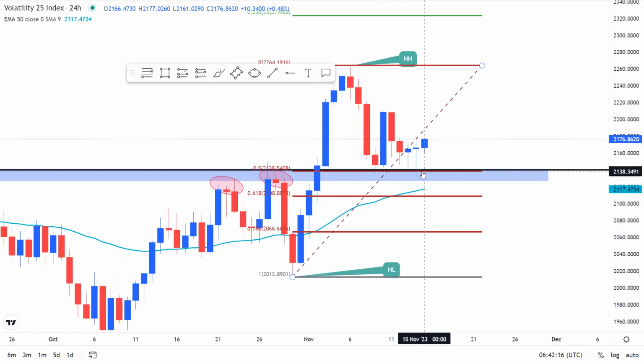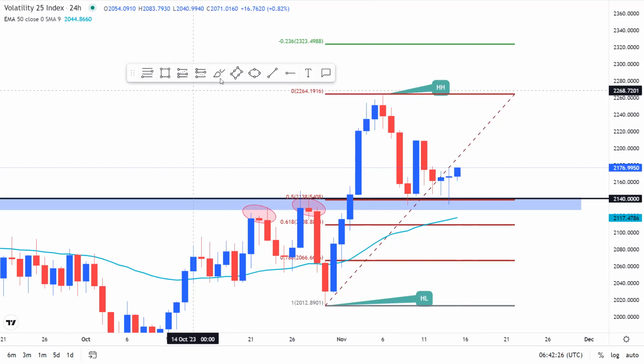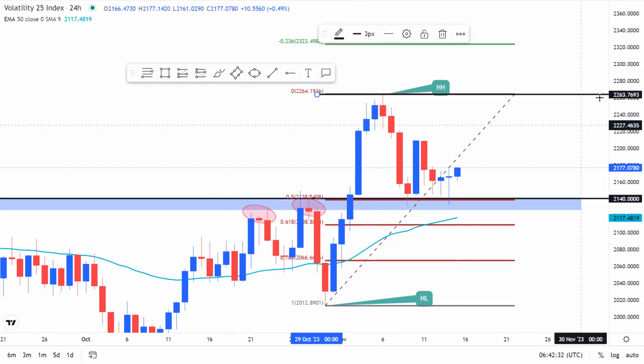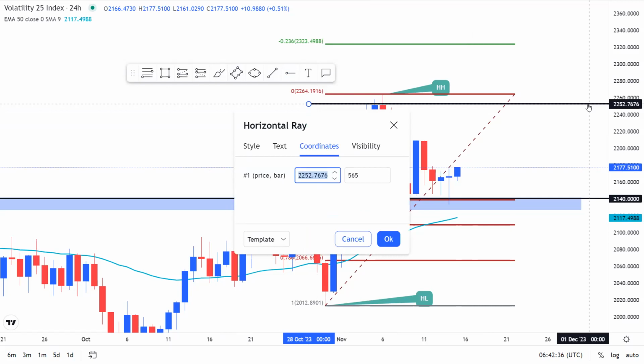And now that is that from the daily time frame perspective. I'm very much considering buying volatility 25 index. Sorry about that. With my first level targets at the previous daily highs.